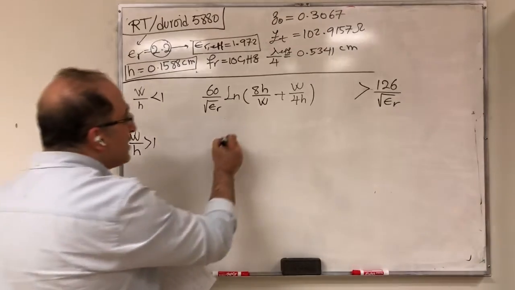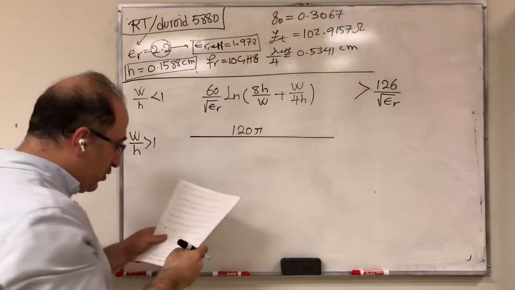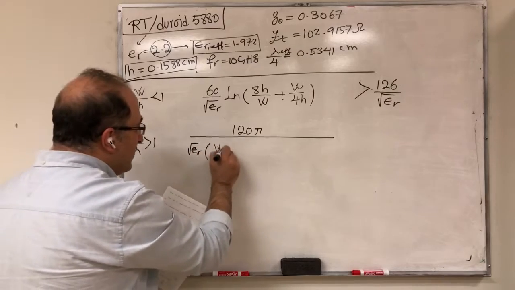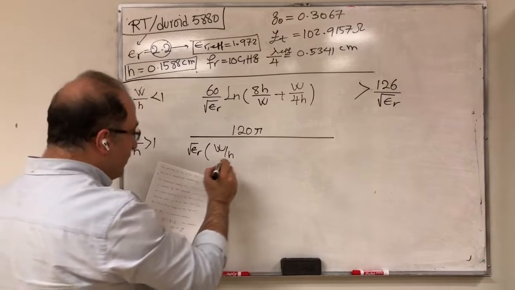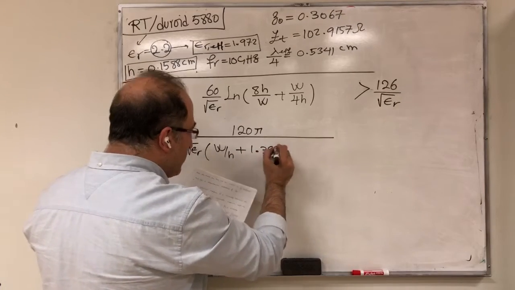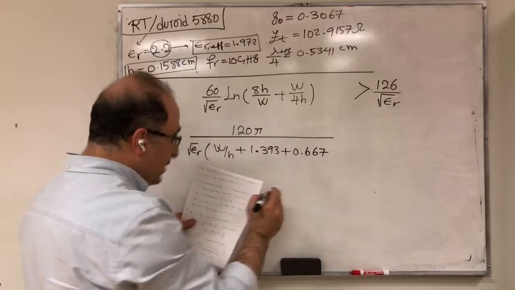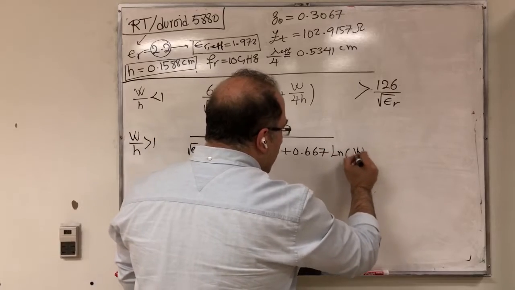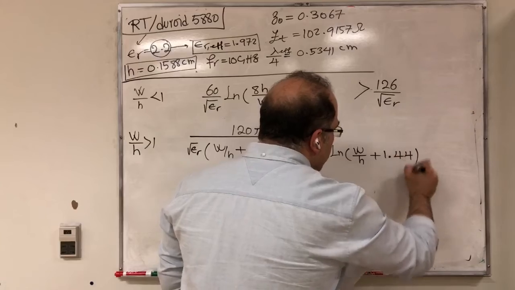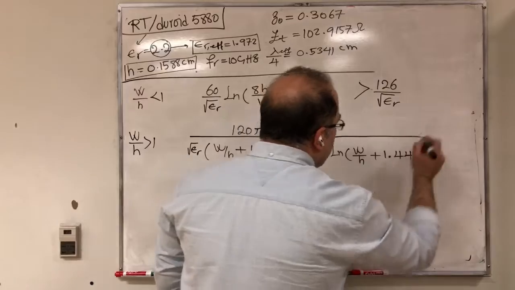Then your characteristic impedance becomes 120 pi in the numerator, and then you get the square root of epsilon r times W divided by H plus 1.393 plus 0.667 ln of W divided by H plus 1.44, and that would be essentially the solution.